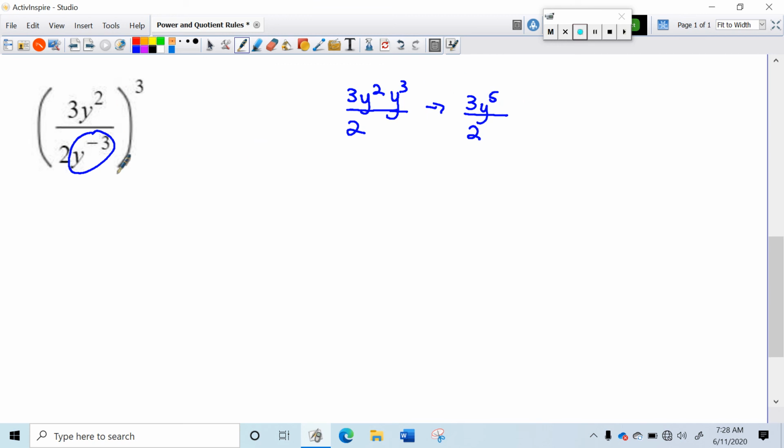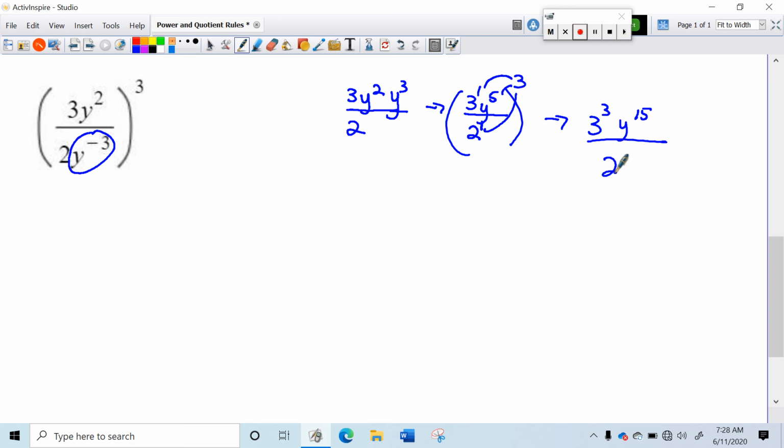Now that you've simplified the inside, you deal with the exponent. This is not a negative exponent, so we're not going to flip anything in the end. So for my 3, 1 times 3 is 3. For my y, 3 times 5 is 15. And for the 2, it has an exponent of 1.